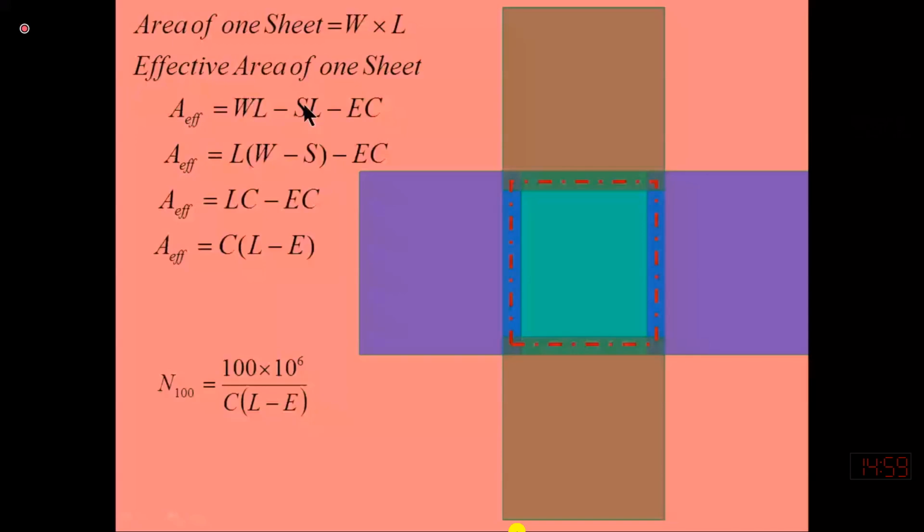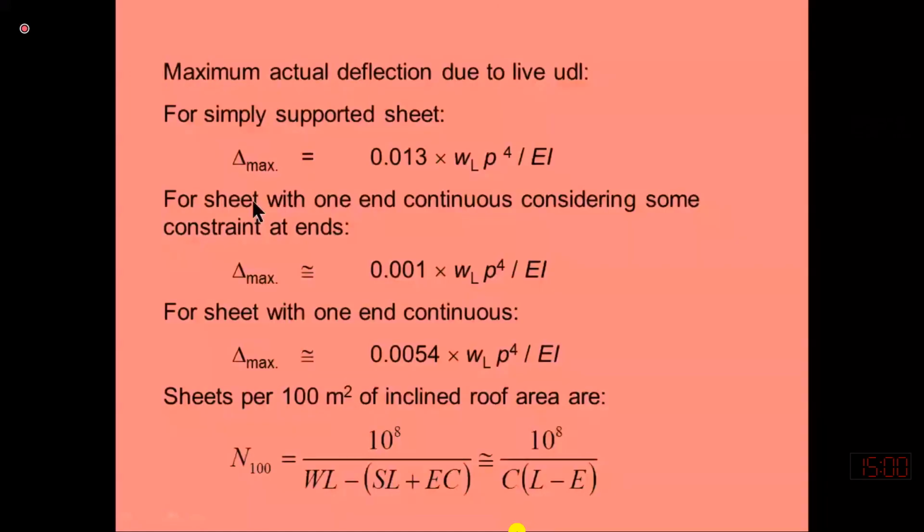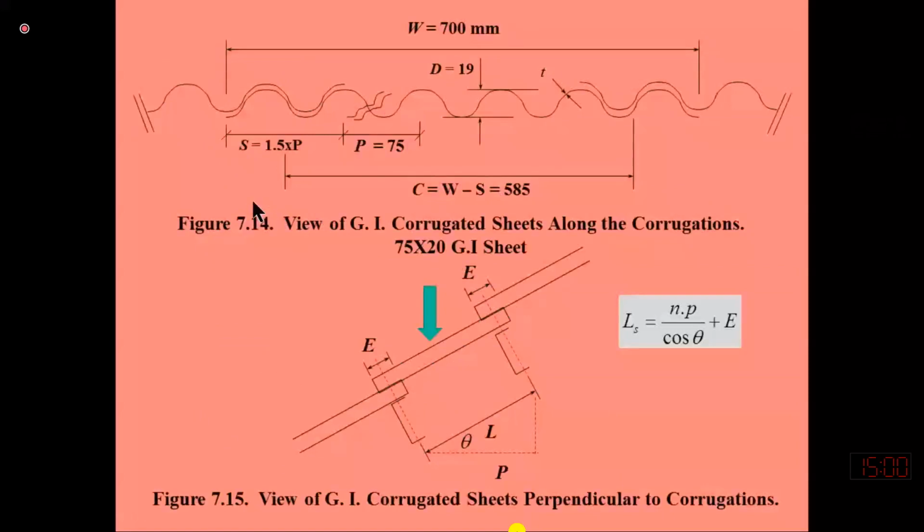From here, I can take the length as common. If I take the length as common, this will become width minus side cover. If I subtract the side cover from the width, that becomes the C value, the cover value, just like I have explained here. So cover is equal to width minus side cover.